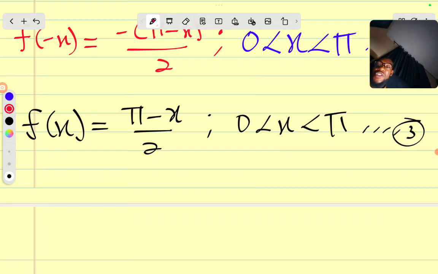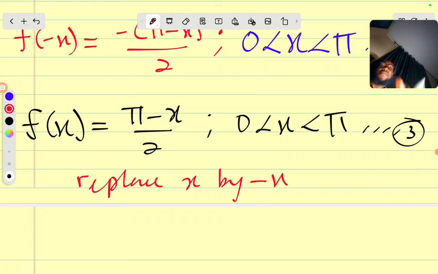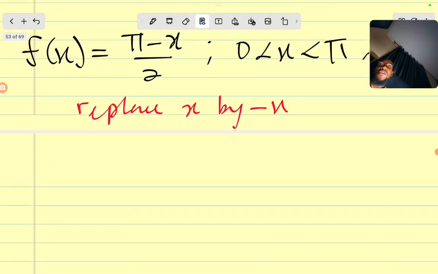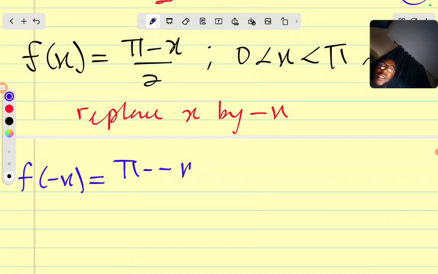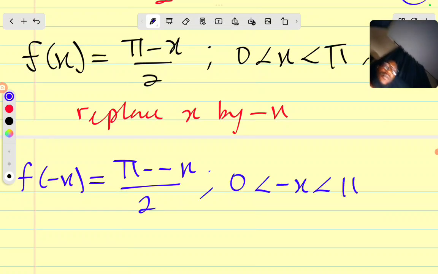The next thing that I'm going to do is replace x by minus x. So we're going to have f of minus x equals minus x minus pi over 2, with 0 less than minus x less than pi.